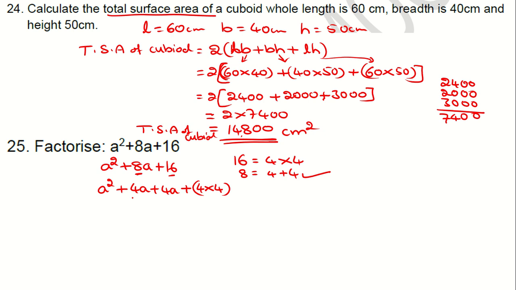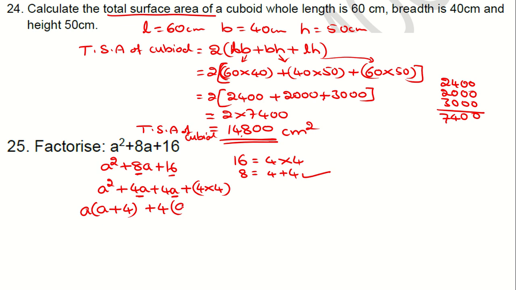By taking a as the common factor, here it is a square, when we take a common that becomes a, and here 4a, if you take a outside, that becomes a plus 4. Here also 4 is common in both the terms, so we take common 4.